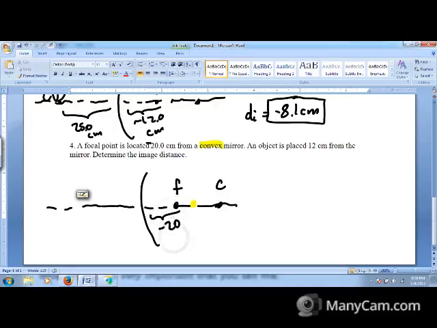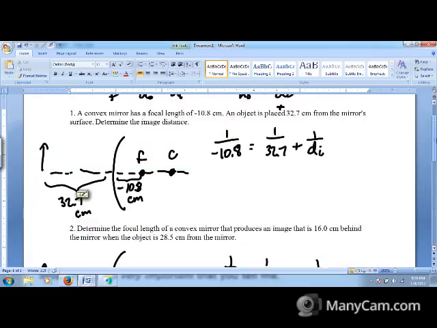We'll call that negative 20 centimeters. The object is placed 12 centimeters from the mirror. Okay. Determine the image distance. 1 over the focal length is equal to 1 over the object distance plus 1 over the image distance. And whatever that comes out to be is your answer.